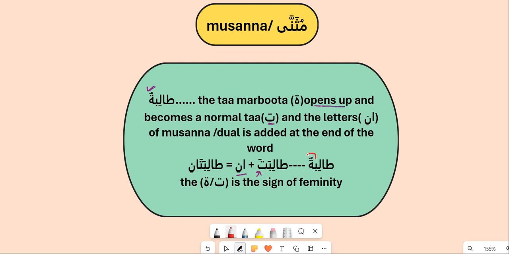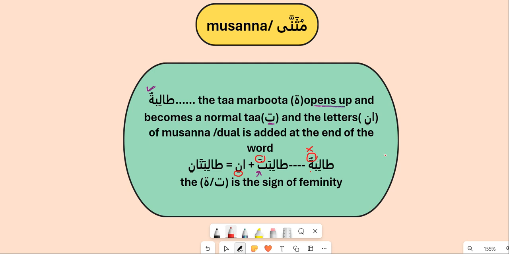I will let you know why. The tanween of the ta marbuta no longer remains, it changes to fatha. Why it changed to fatha, I will tell you later. It will change to fatha, and alif and noon is added. Now you can see a kasra below the noon. So all these harakas you need to keep in mind.